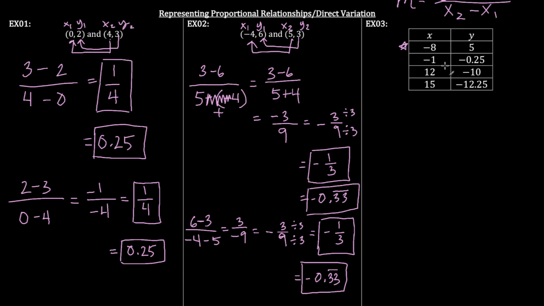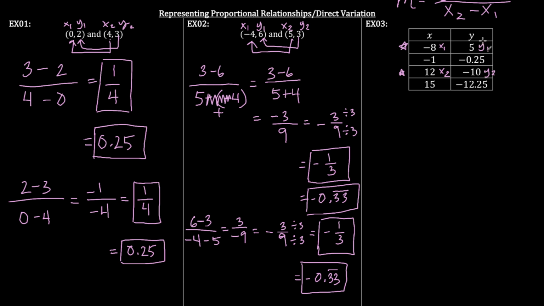Given where y'all are at, you can use a calculator. You'll get the same answer no matter which ones you choose. I'm just choosing the nice integer ones. So I'm going to say that this is x1, y1, x2, y2.